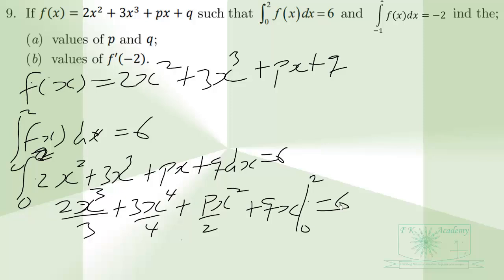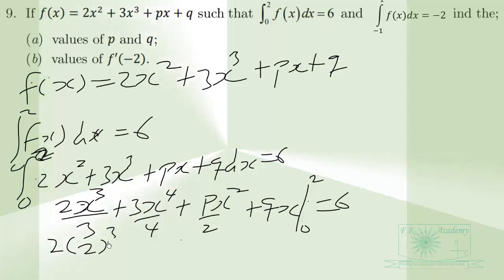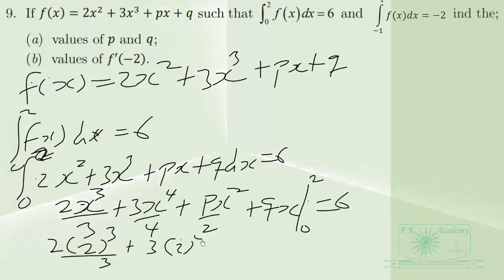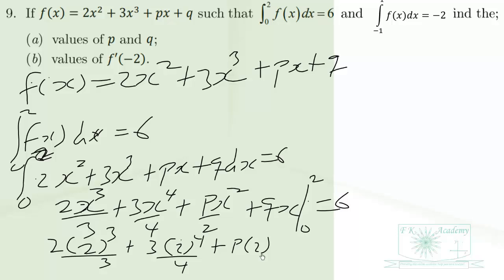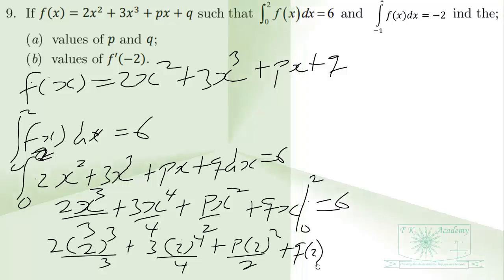When we fix in 2, we obtain 2 times 2 cubed over 3, then plus 3 times 2 exponent 4 over 4, then plus p times 2 exponent 2 over 2, plus q times 2, minus, so we fix in 0 here, 0 here, 0 here, 0 here.